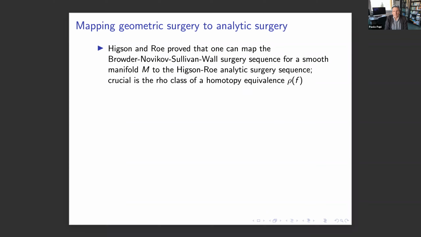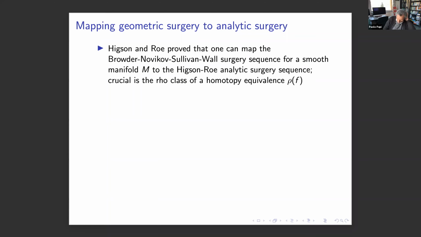they proved that the Browder-Novikov-Sullivan-Wall surgery sequence in topology can be mapped to their sequence, the Higson-Roe sequence. There are three papers explaining this, and the fundamental point is the possibility of defining the rho class of a homotopy equivalence.